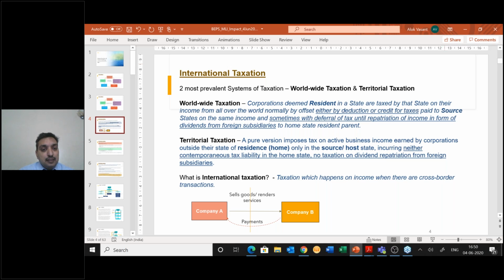So this is the genesis of international taxation.